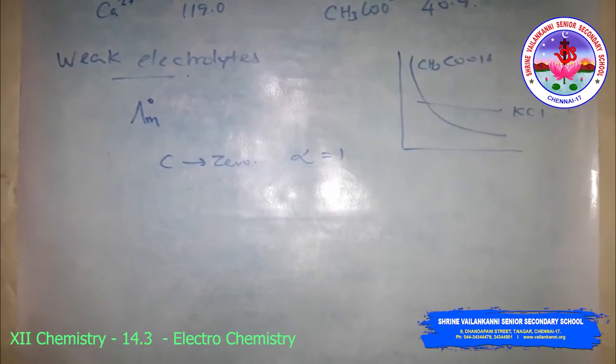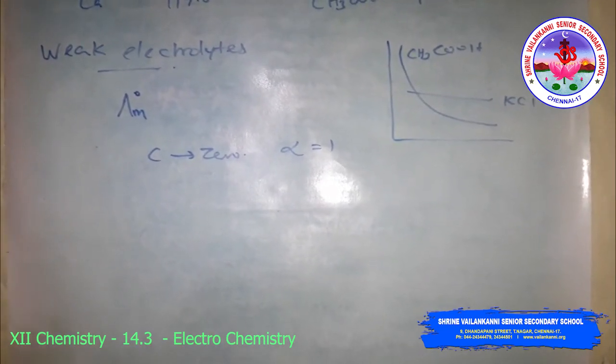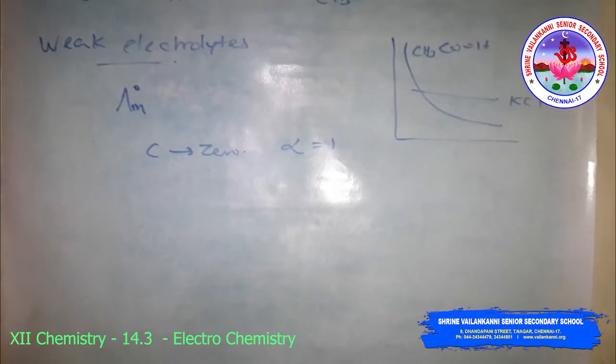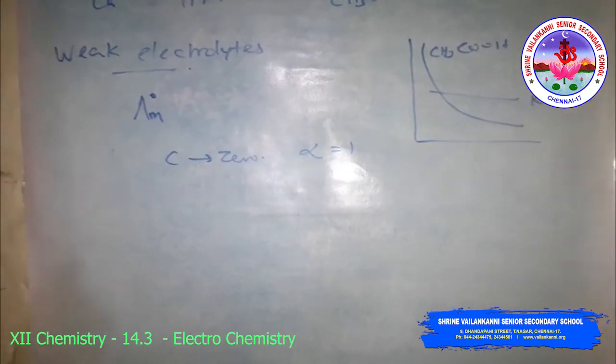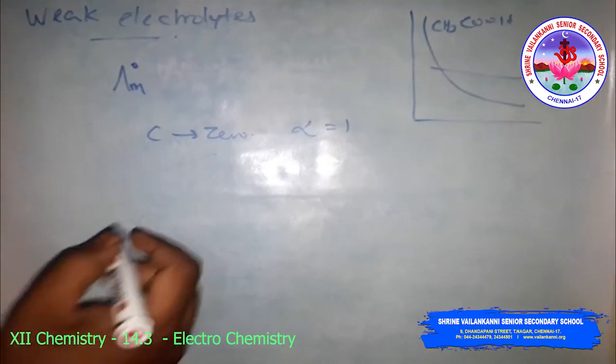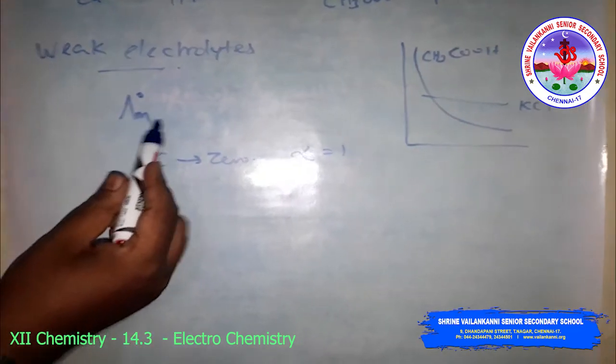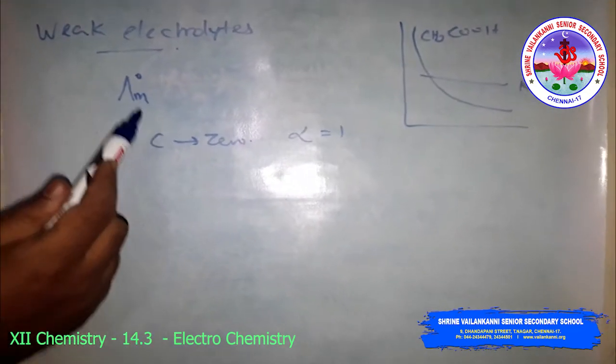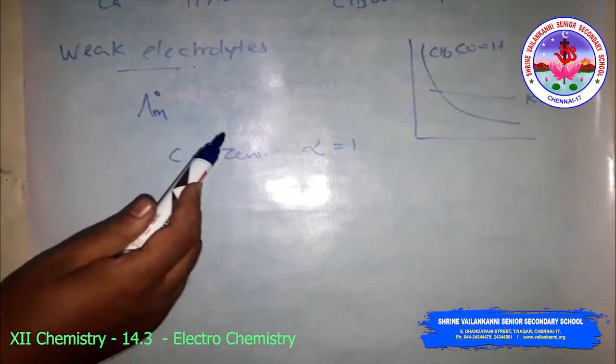But at such low concentration the conductivity of the solution is so low that it cannot be measured accurately. Therefore the limiting molar conductivity for weak electrolytes is obtained by using the Kohlrausch law of independent migration of ions.